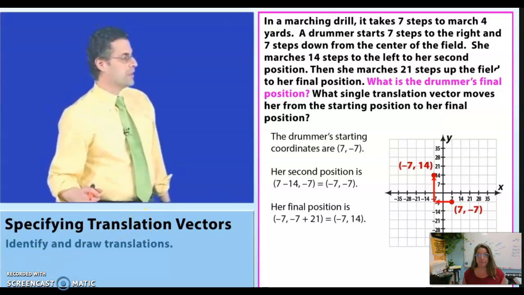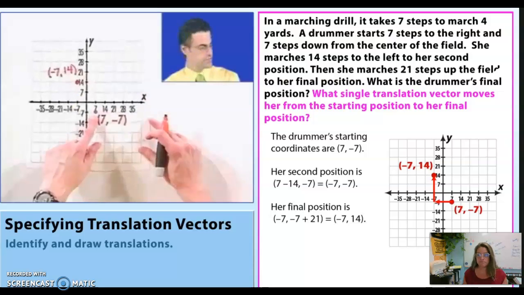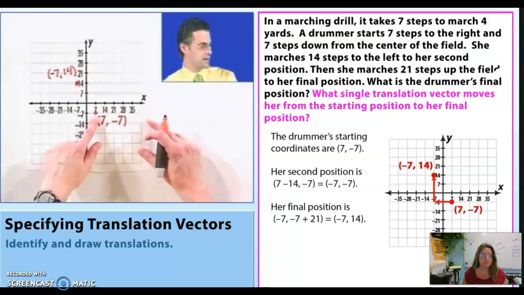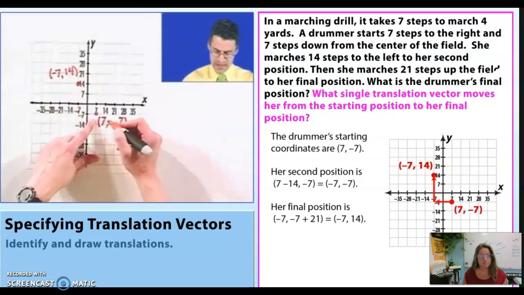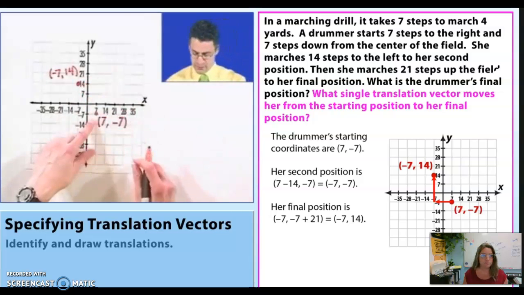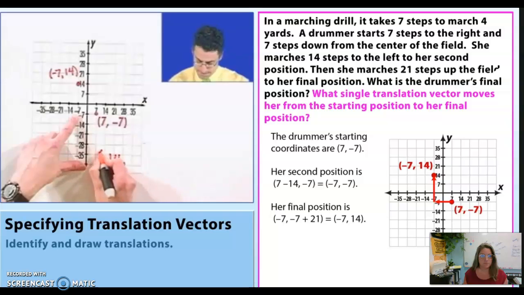Here's a little follow-up. What single translation vector moves her from the starting position to her final position? So starting position here to her final position here. And we can see the answer. The answer is going to be this vector right here, which means we move 14 units to the left. So that's negative 14. This is a vector.